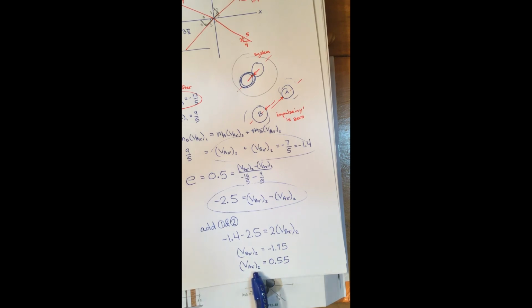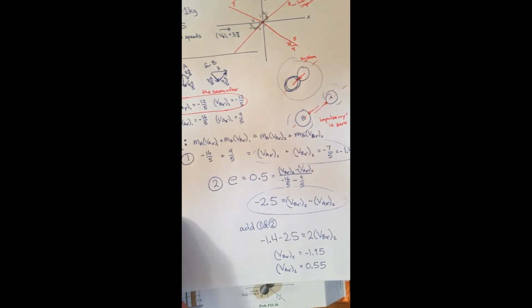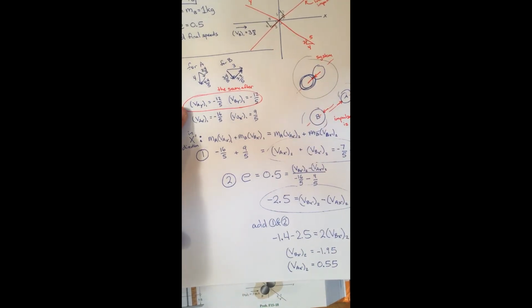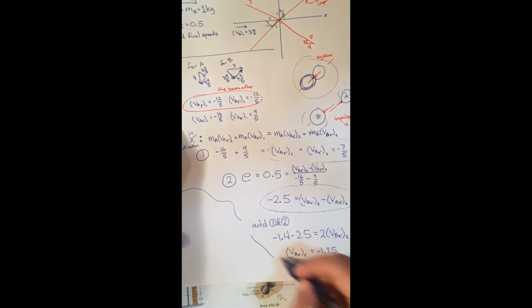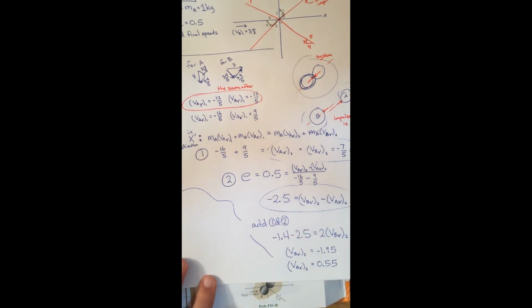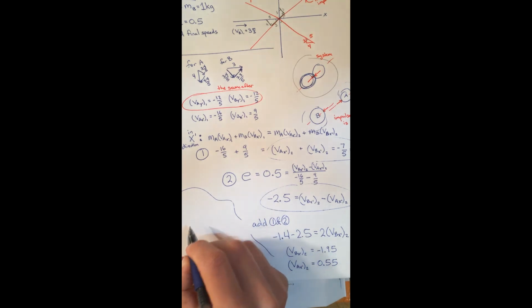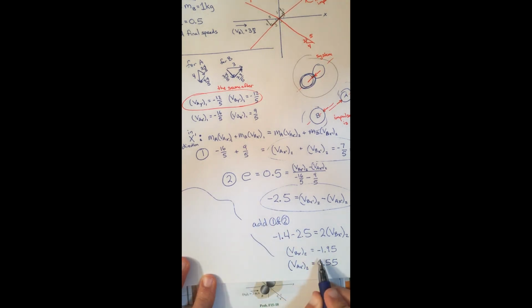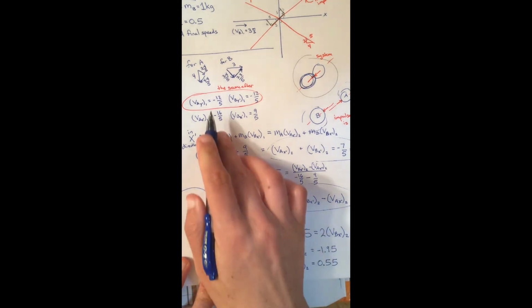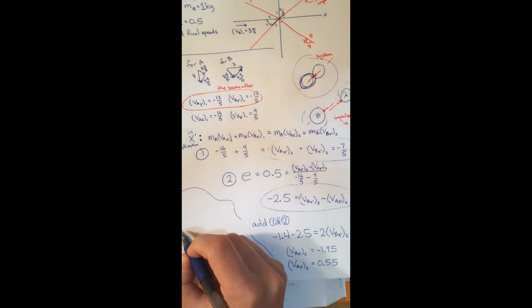So now I have the final components for the velocity in the x prime direction. And I already had the final components for the velocity in the y prime direction because they don't change because there's no force acting in the y prime direction. So to finish this up, I was only asked to find the speeds. So I can add the square of the x prime component to the square of the y prime component and take the square root, and that will give me the final speed.